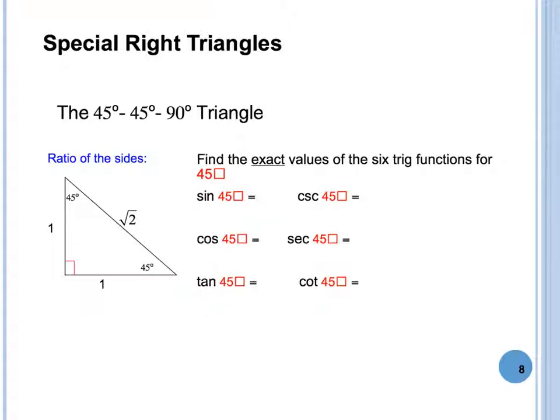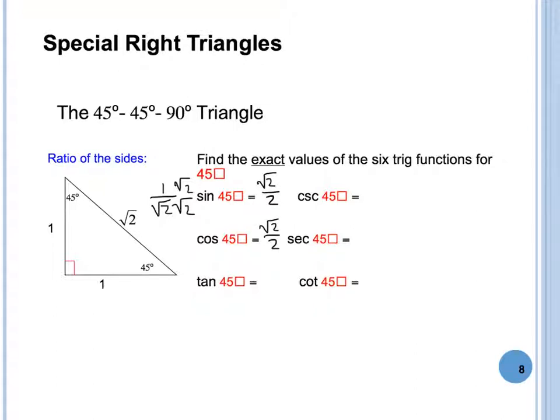I know that sine is opposite over hypotenuse, and we've seen 1 over the square root of 2 before, and when we got rid of the square root of 2 in the denominator, we wound up getting the square root of 2 over 2. And same thing happened with cosine.